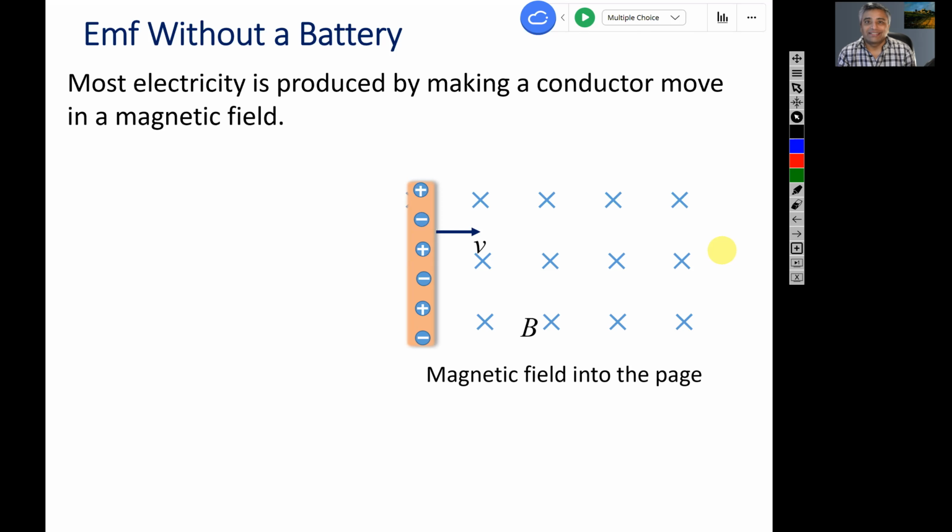The answer is yes. So how do we do that? What's going to be the direction of the generated voltage? Which side is going to be the positive terminal, which side the negative terminal, and when connected in the circuit, which way is it going to drive the current? Those are the things we're going to be learning here first.